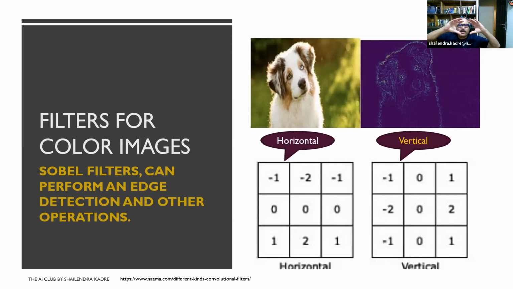Some filter will detect a horizontal edge, some a vertical edge, some eyes, nose, and so on. Different parts of the image will be picked up by different filters. If you have, say, 32 filters, your convolution operation on a single image will run 32 times, so you will get 32 convolved images. Each convolved image is called a feature map.